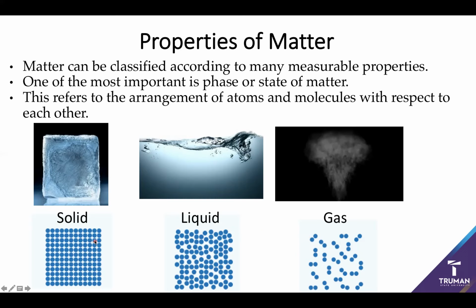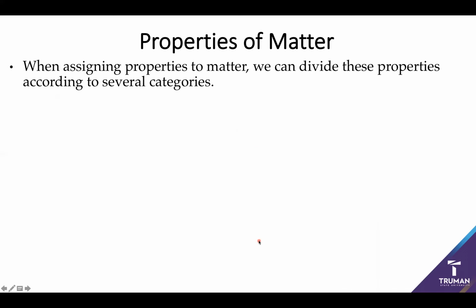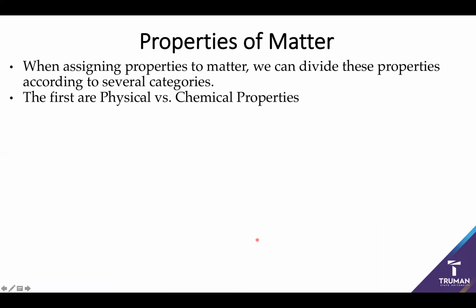And how we're going to examine matter will often depend on which phase we're looking at. So let's say I'm looking at a given phase, and then I'm going to want to subdivide the other types of properties I can look at. The first good dividing line is physical properties versus chemical properties, which we talked about a little bit last time.